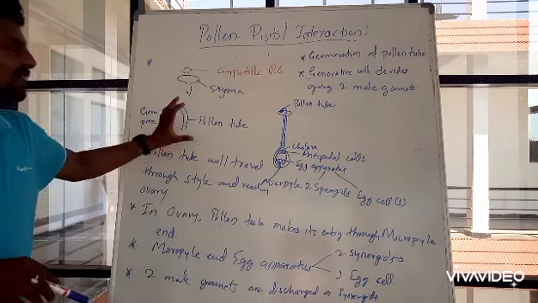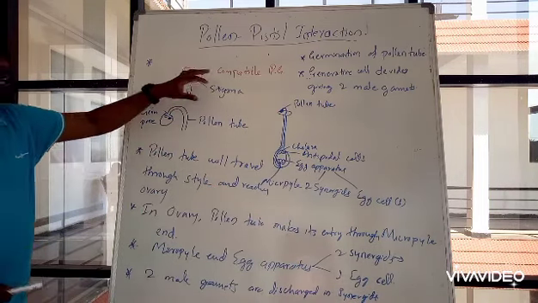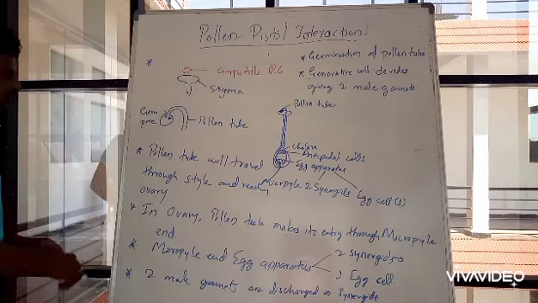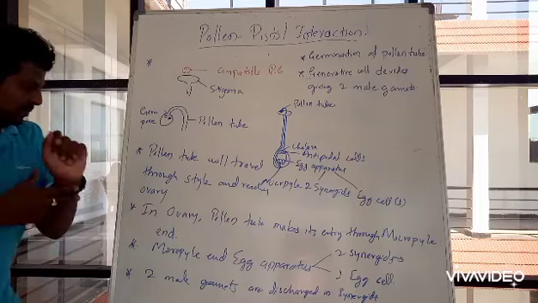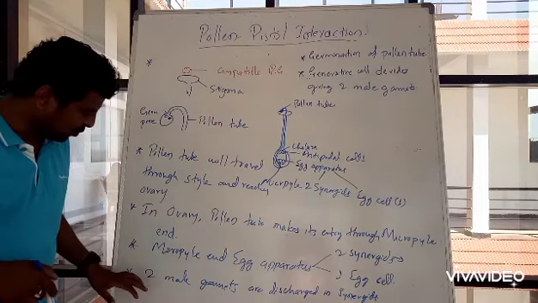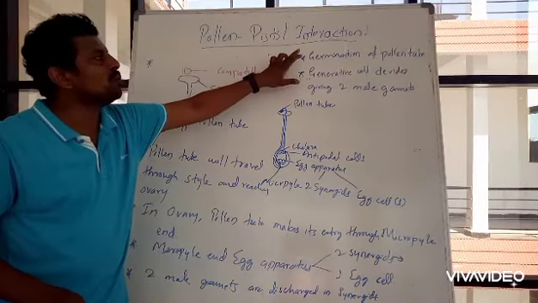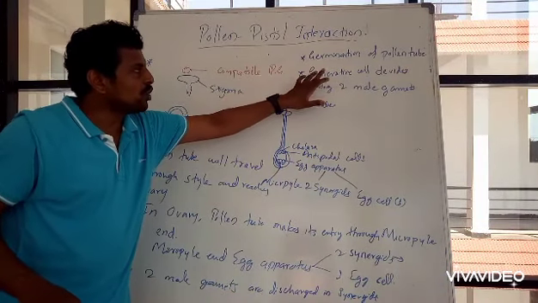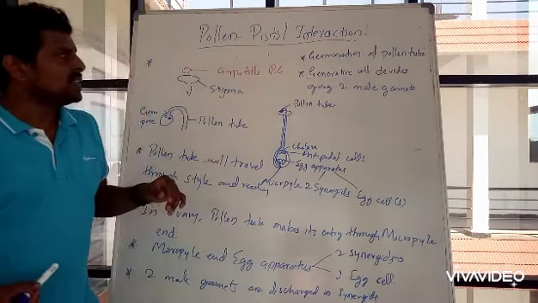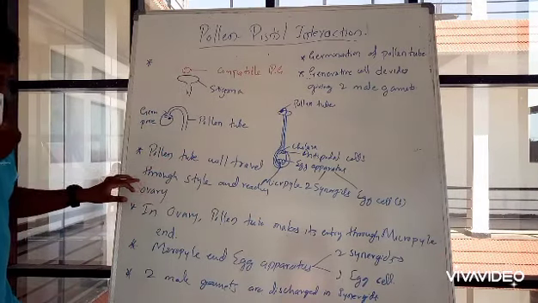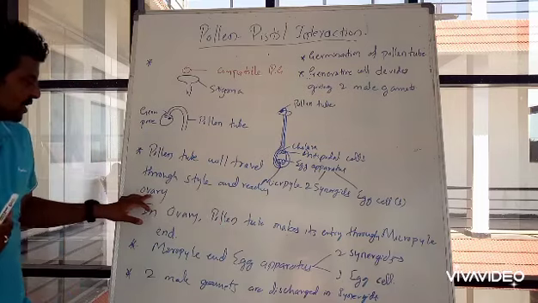So these are different types of events which occur during pollen pistil interaction. Got it? I will just repeat one more time. First, germination of pollen tube; second, the generative cell divides giving two male gametes. The third one is the pollen tube travels through the style and reaches the ovary.